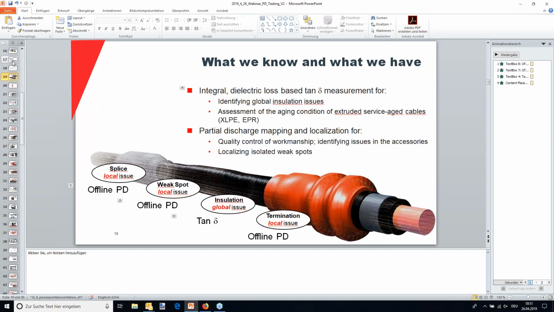That means you cannot measure the condition of the insulation, because for that you need to vary the voltage. You need to be able to go 1 U0 and beyond to see if there is something coming up.